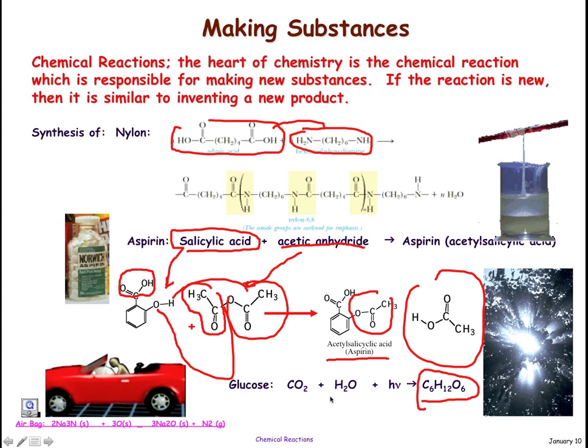We're going to be talking about that because right now, as you see it, there's only one carbon atom in carbon dioxide, and yet there's 6 carbon atoms in glucose. There's 3 oxygen atoms from carbon dioxide and water, and you have 6 here. So what we need to do is go about balancing this reaction so that it makes chemical sense, and that's what this chapter is about.